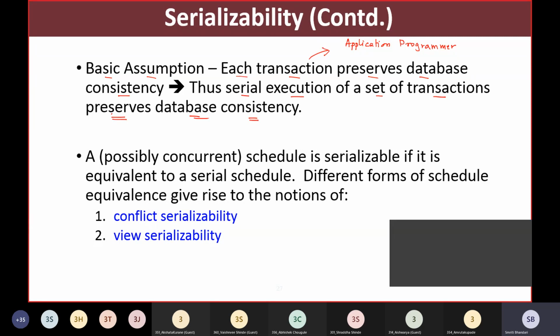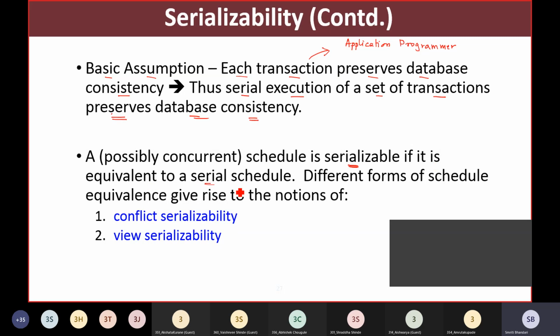So every transaction is preserving database consistency. If I have a serial execution of the set of transactions, then obviously my database consistency should be maintained. So that is our basic assumption.